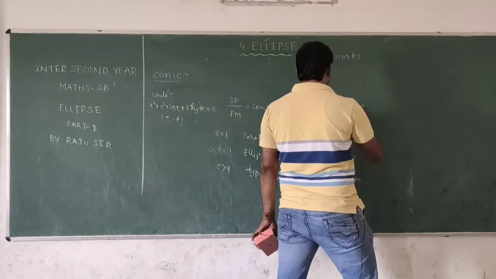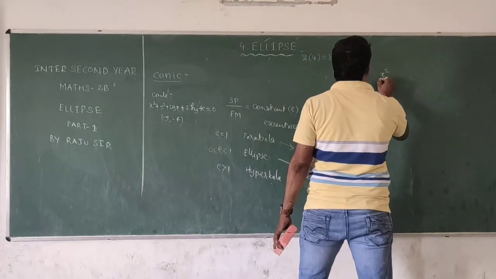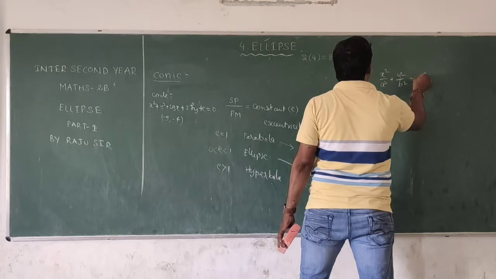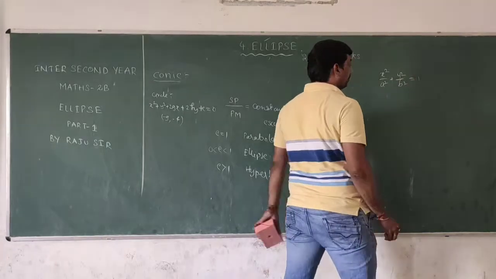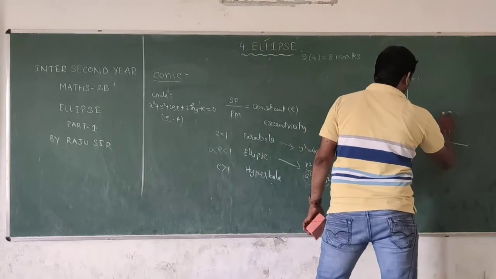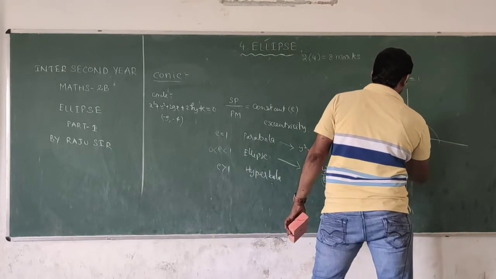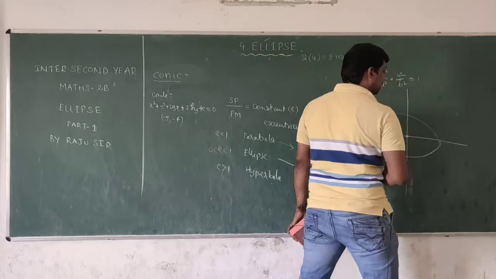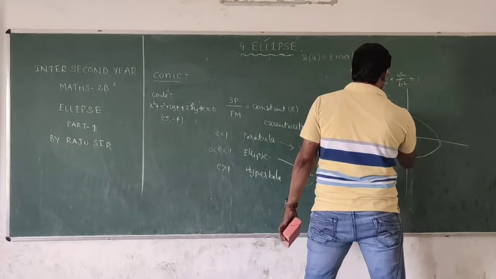Okay, right. Now here, standard form of ellipse x square by a square plus y square by b square equal to 1. Okay, right. Here this one is the center of the ellipse.